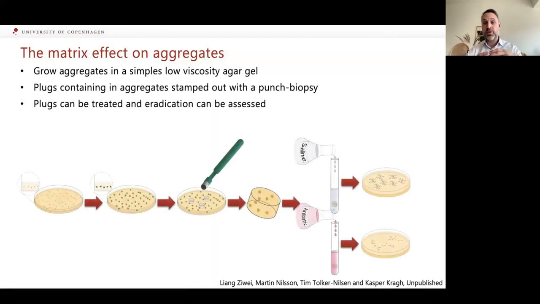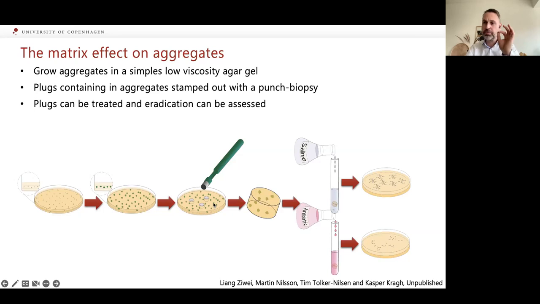One of the models that we have used to investigate this is a very simple model developed by Martin Nielsen, Tim Tolker-Nielsen, me and Liang Yang, which is just an agar sandwich where we use simple low-viscosity agar, and then cast in bacteria in a small layer, and the agar itself will restrict their mobilization, and they will grow into aggregates over time.